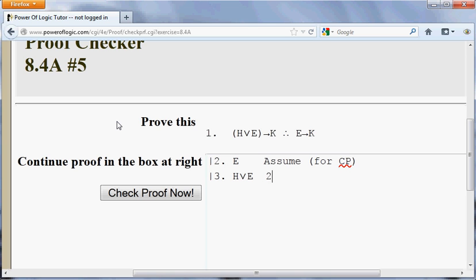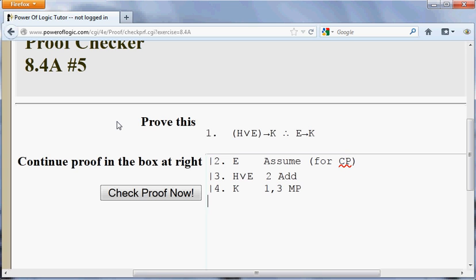Line 3 follows from line 2 and line 2 alone by the addition rule. And I'm still in the scope of my assumption here, so in the box still. Now line 3 and line 1 have modus ponens form to give me K. So that's a 1, 3 modus ponens. I don't need capitals on the rule.